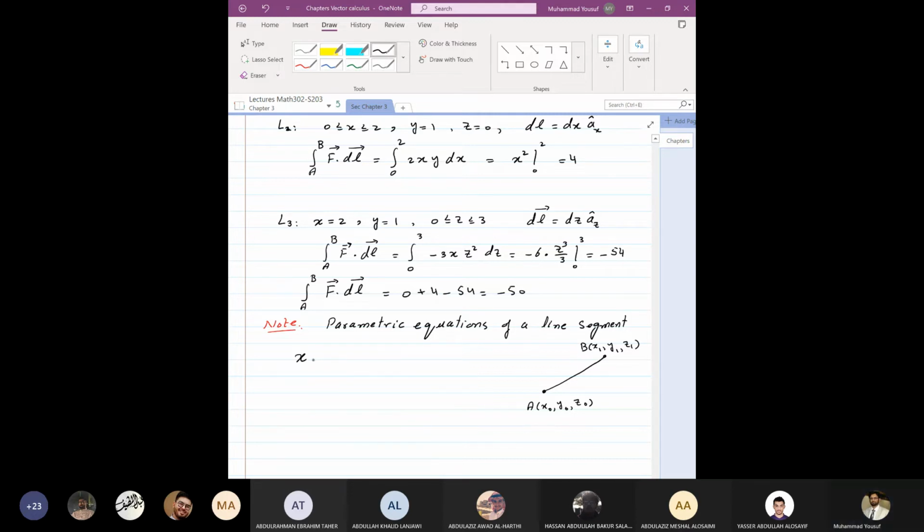It is x equal to x1 t plus 1 minus t x naught. When t is 0, what do we get from here? x naught.